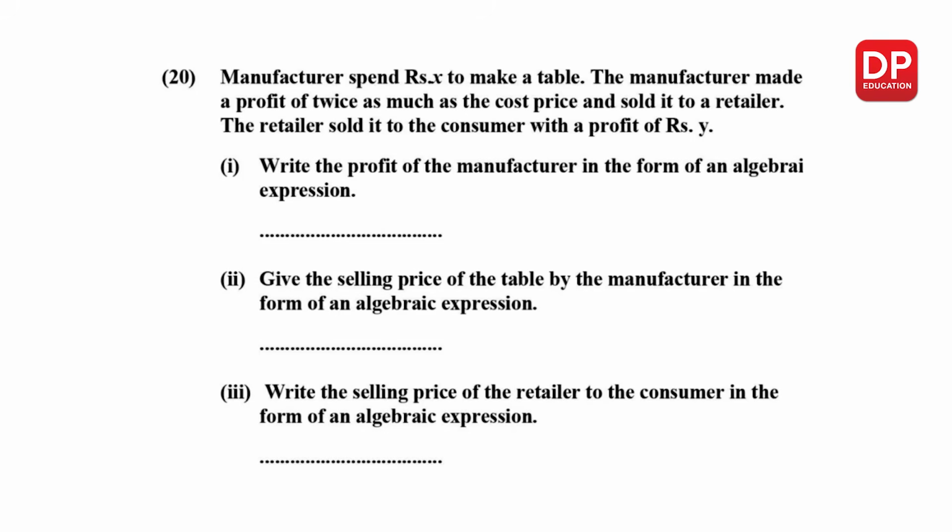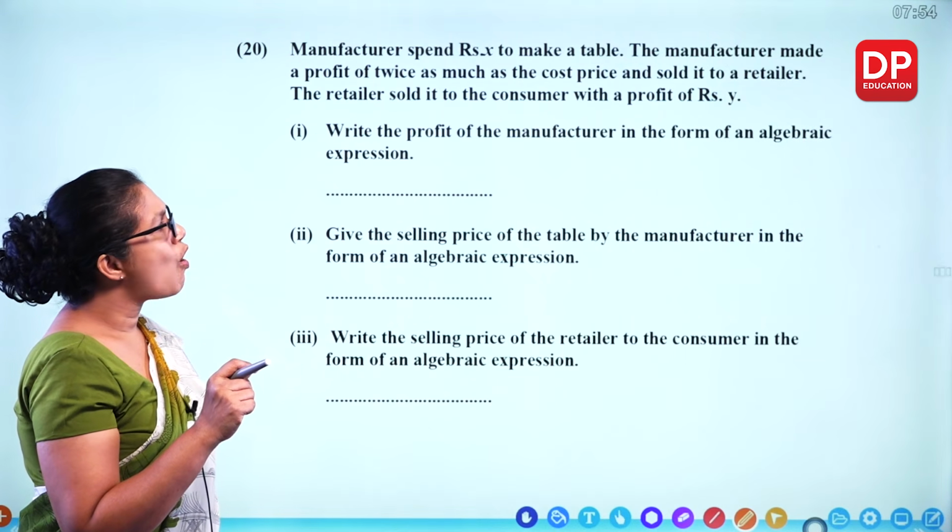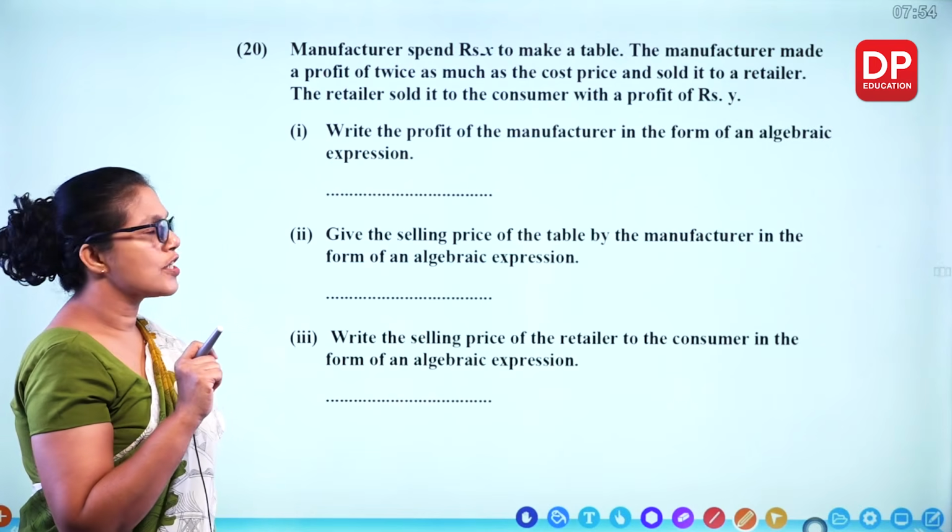Manufacturer spent X rupees to make a table. The manufacturer made a profit of twice as much as the cost price and sold it to a retailer. The retailer sold it to the consumer with a profit of Y rupees. Write the profit of the manufacturer in the form of an algebraic expression.